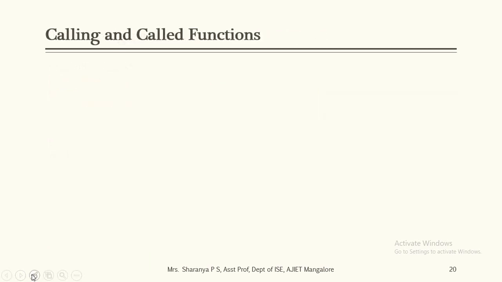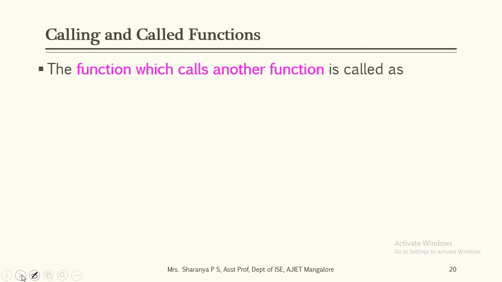And here we will refer to two terminologies, a calling function and a called function. Suppose I call someone, then I am the one who is the calling person, and the person whom I called will be the called person. The same applies to functions.